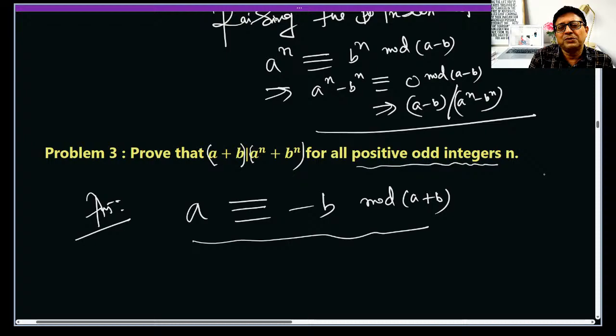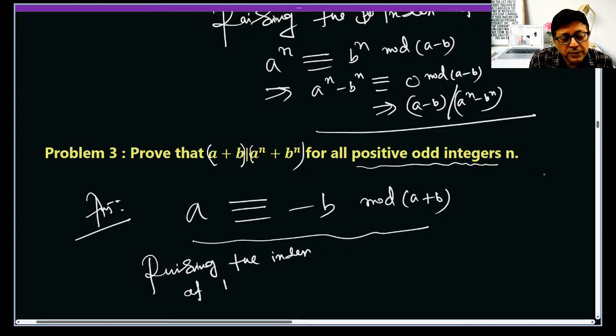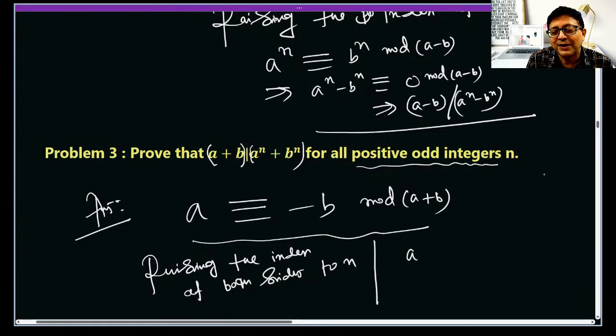This is always true. Now raising the index of both sides to n, then what do you get?